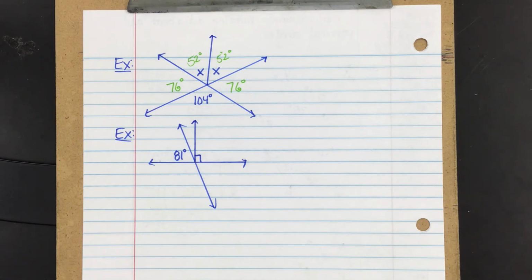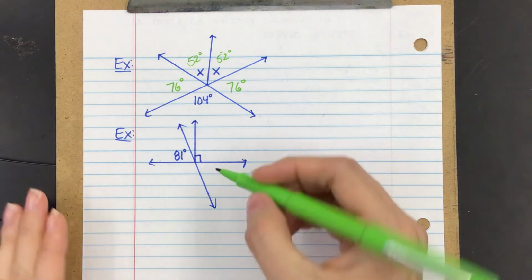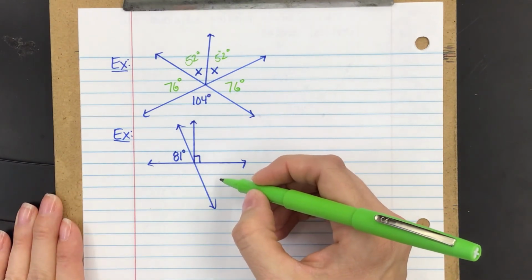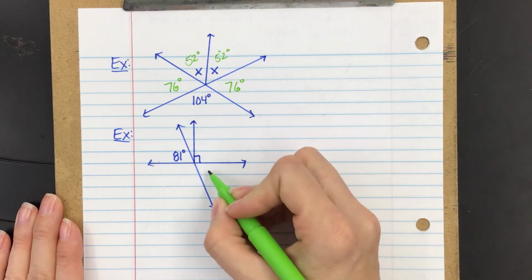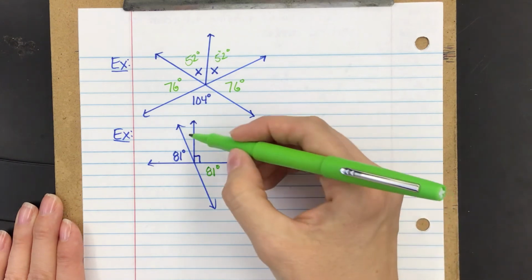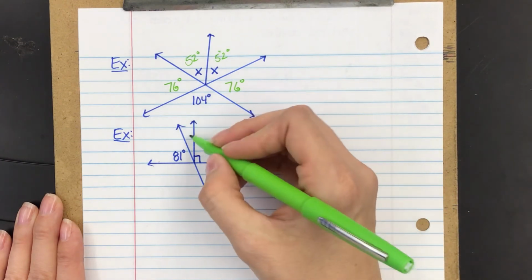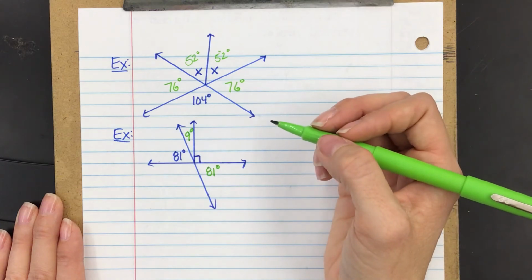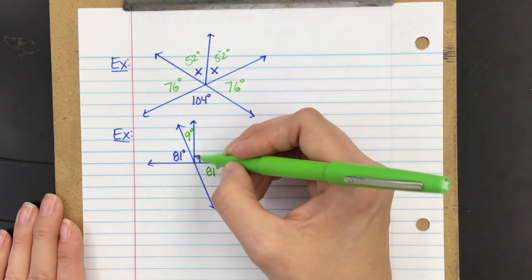Okay. What is this angle right here? Yeah, this is 81. They're vertical. Okay. What is this little sliver right here? 9. Yeah. How'd you know? 90 minus 81. Oh, because this is a right angle.